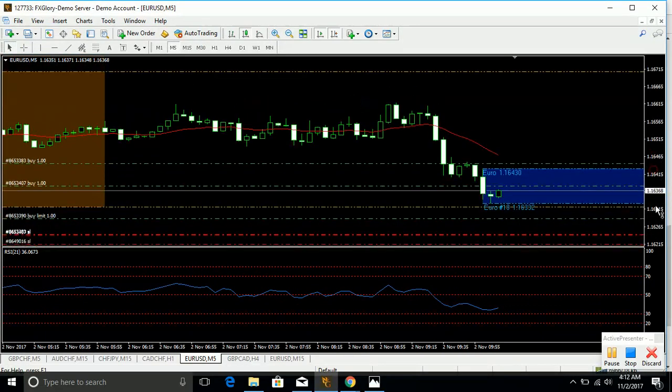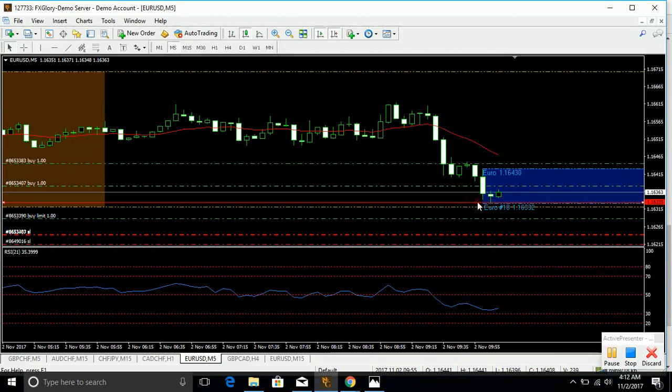You can see it here. Let's see exactly how many pips we missed it by. $332 and $322. We missed it by exactly 1 pip.